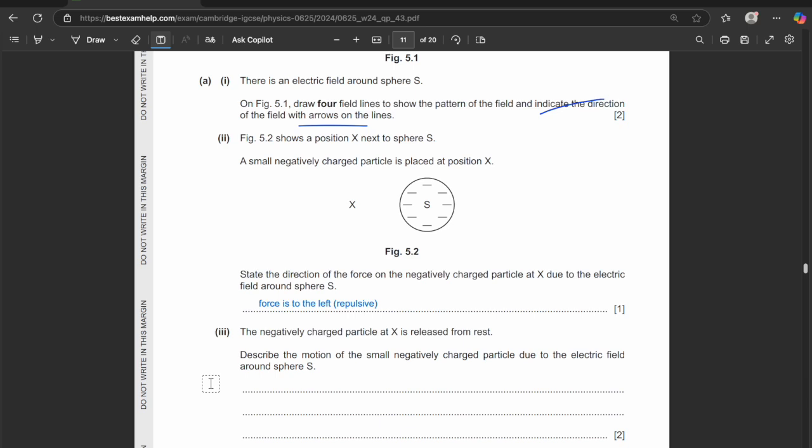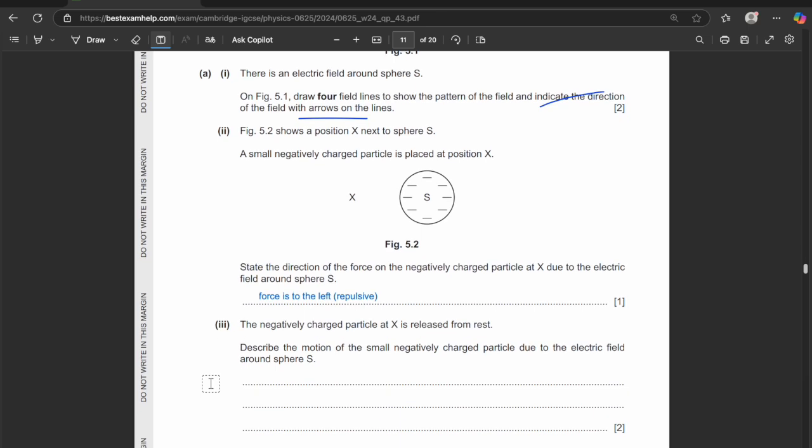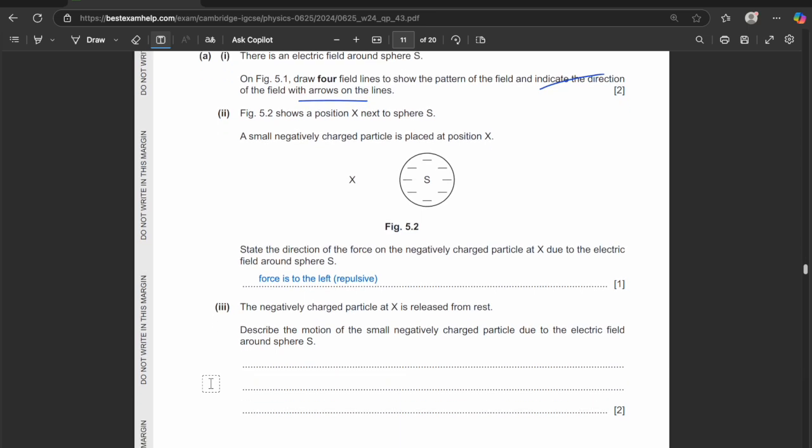3. The negatively charged particle at X is released from rest. Describe the motion of a small negatively charged particle due to the electric field around it. In the previous question, we said force is to the left, so its motion will be away from the sphere, to the left. And it's experiencing a force, so there will be a resultant force, and therefore acceleration.